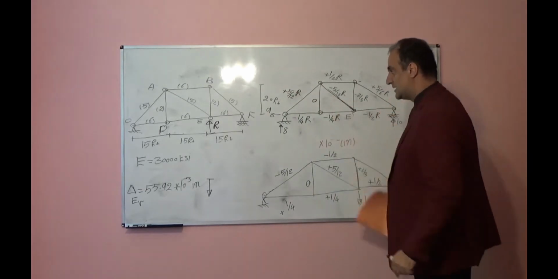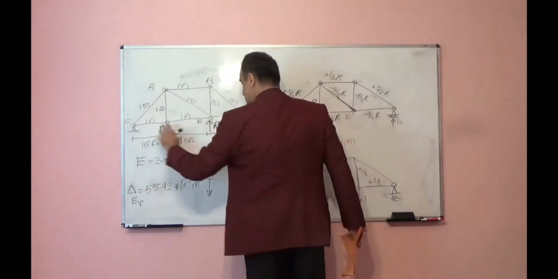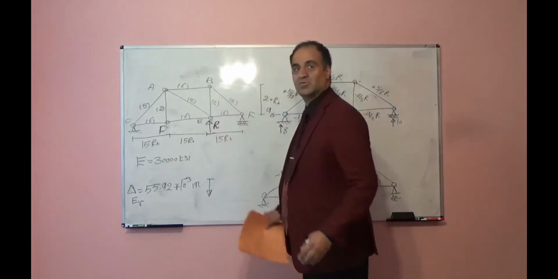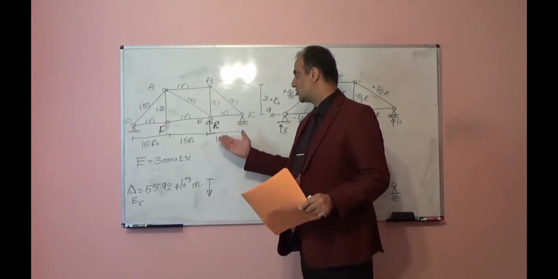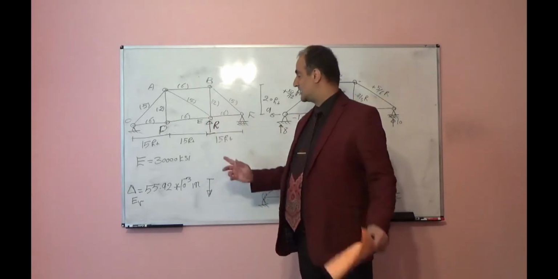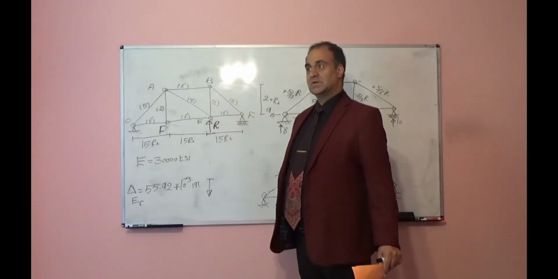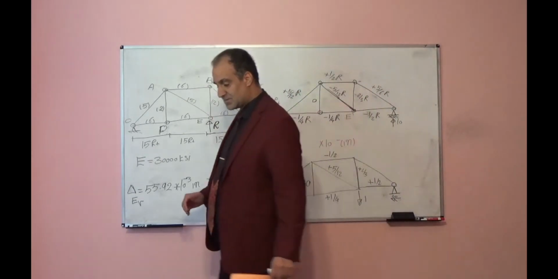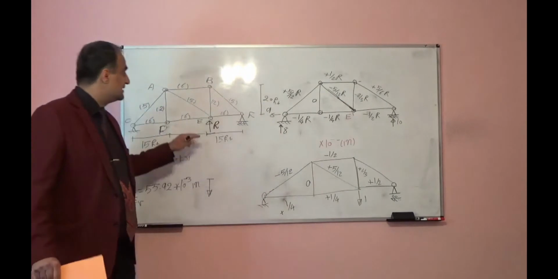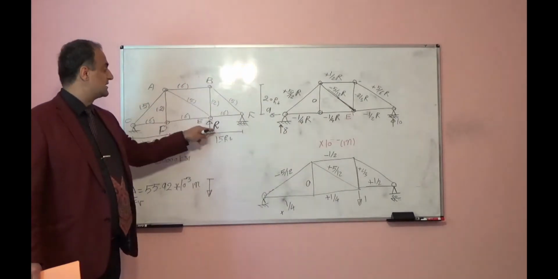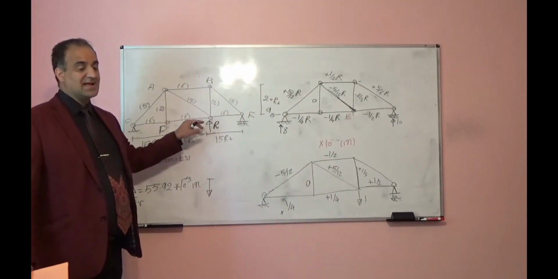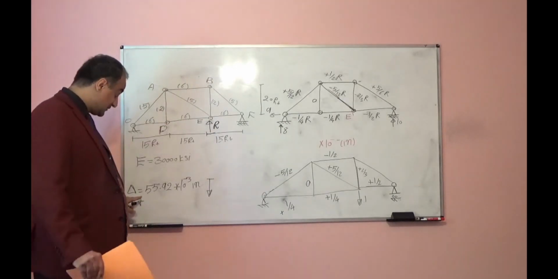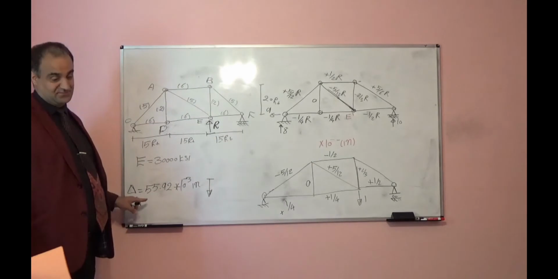So this time you have the same truss, instead of this support you will apply the reaction of support. We don't know how much that is, so we apply something like R. Then we want to calculate how much this point E will move up because of this R. That deflection upward should be equal to this deflection downward.